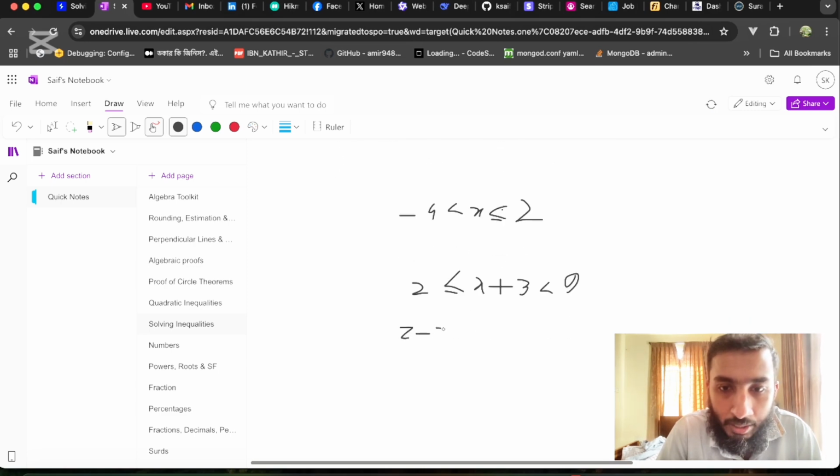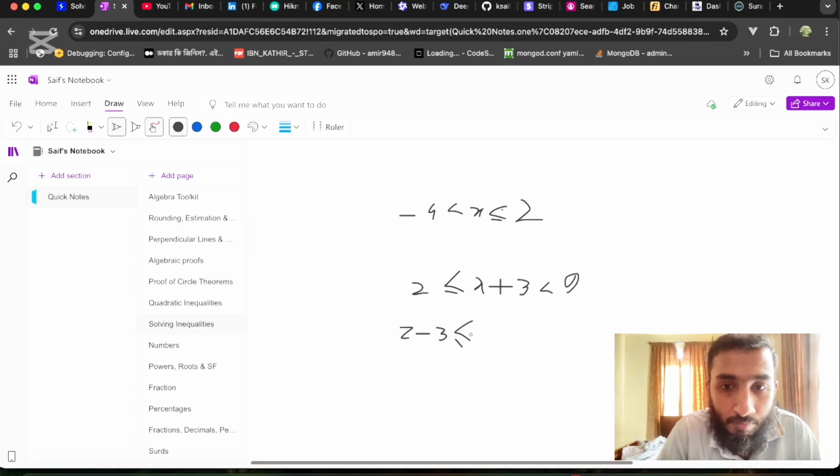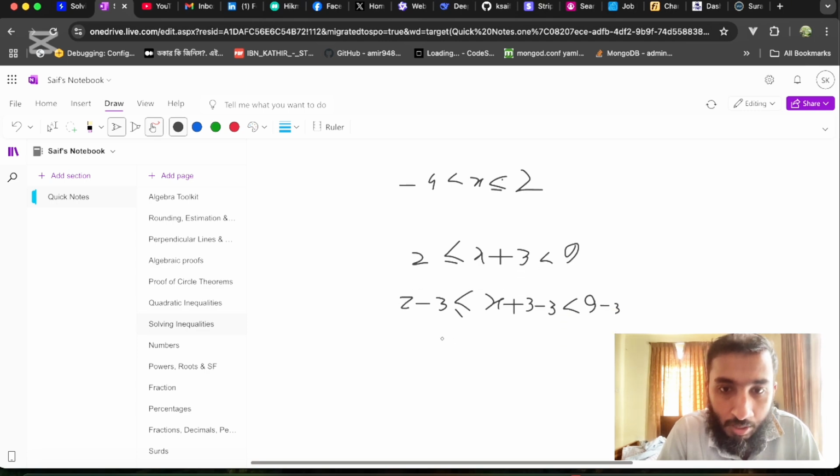So we can also write it as what? The second inequality can be written as 2 minus 3 less than or equal to x plus 3 minus 3 less than 9 minus 3, if I subtract 3 from all sides of the inequality. So this can also be written as minus 1 less than or equal to x less than 6.